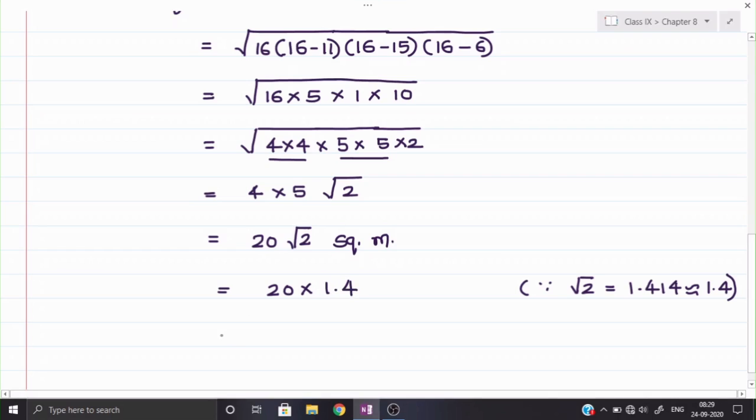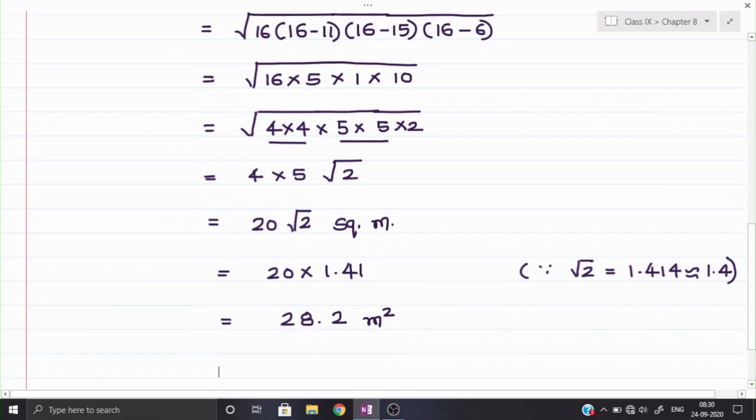Now 1.4 if I multiply with 20, I think it will come 28 point something. So to make more clarity, we'll take it here 1.41, that is better. So this will become 28.2 meter square. Either write meter square or you can write square meter.